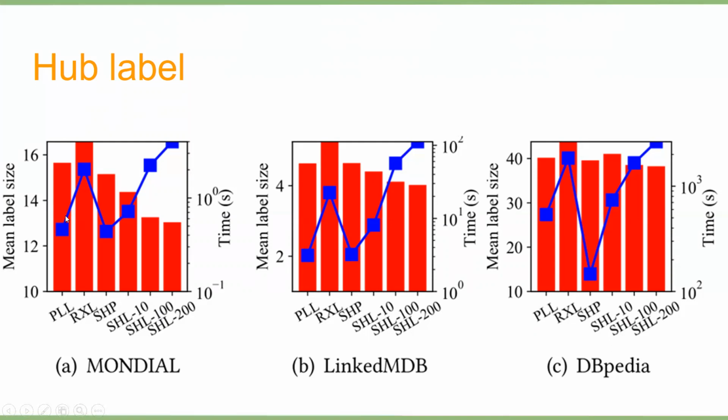It has smaller label size, and compared to SHL with 200 pivots, that has an even smaller average label size, but its building time is unacceptable. Our SHL has comparable running time with IXL.